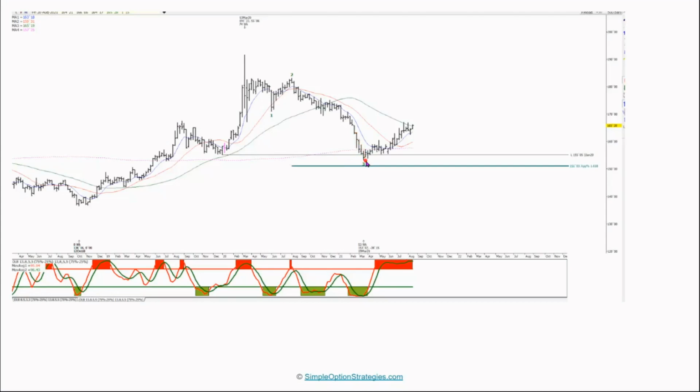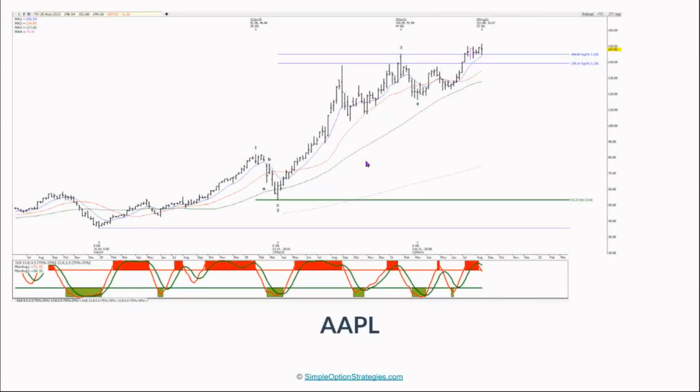Okay, let's look at another one here. My friend, our friend Apple. On this chart, we start down here, up to 1, put our alternate price projections on there. And this comes in right here at 1.318, right below, that's right in the target zone for wave 3.